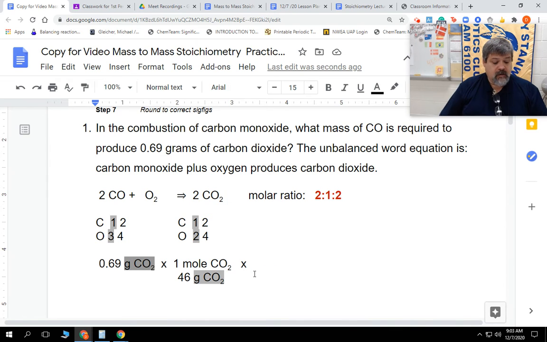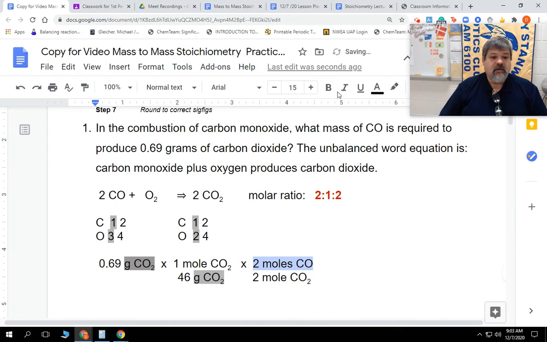So we're going to put down here 2 moles of CO2, and on the top we're going to put, what are we going to? Well, we're asking for the mass of carbon monoxide, and so we're going to put this up on top. So we're going to put down here 2 moles of carbon monoxide.